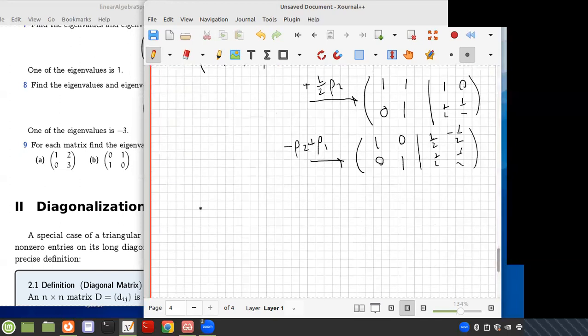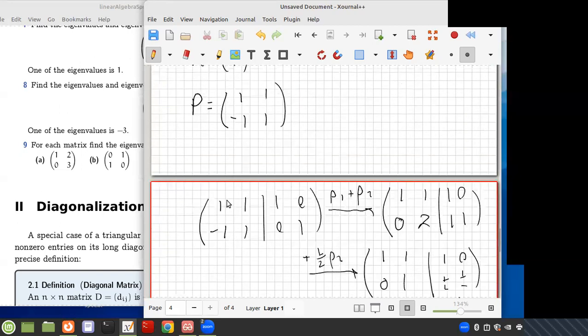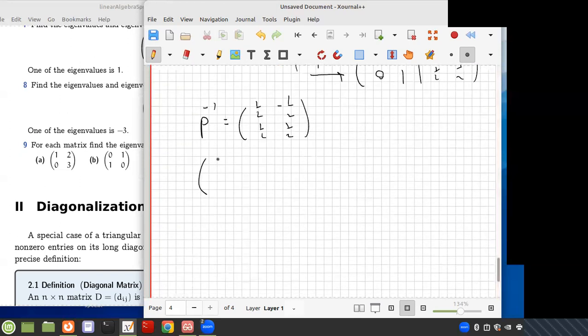So it looks like P inverse equals 1/2, minus 1/2, 1/2, 1/2. And we should probably check that.